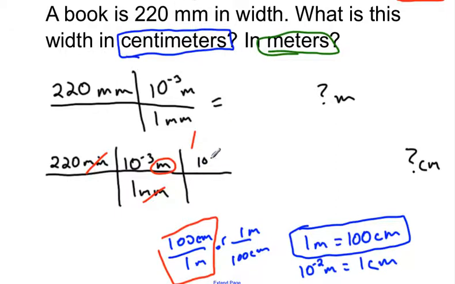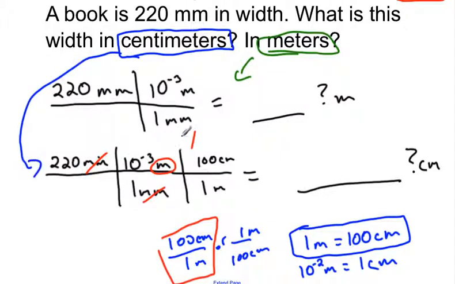So I'll put 100 centimeters there and put 1 meter right there. That's going to equal so many centimeters. If you just do the first part here, that's going to tell you how many meters. This might be a long way around to doing it, but I think it shows you clearly how we're converting from one unit to the next.